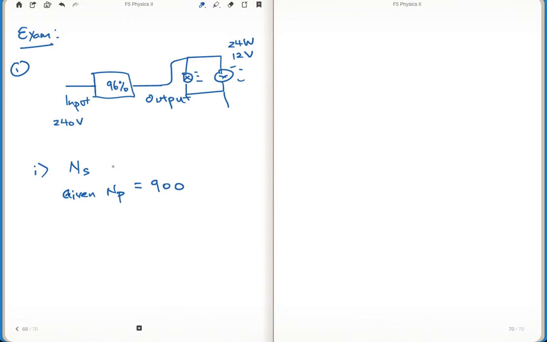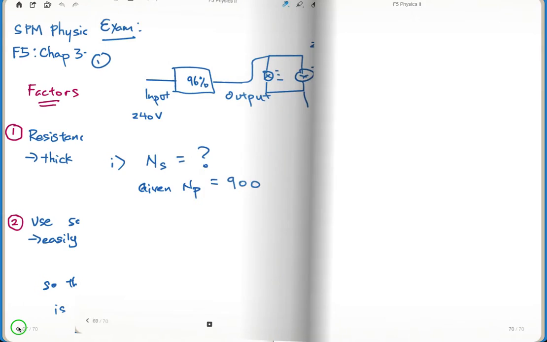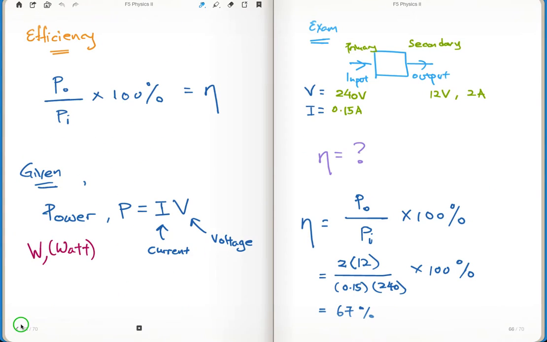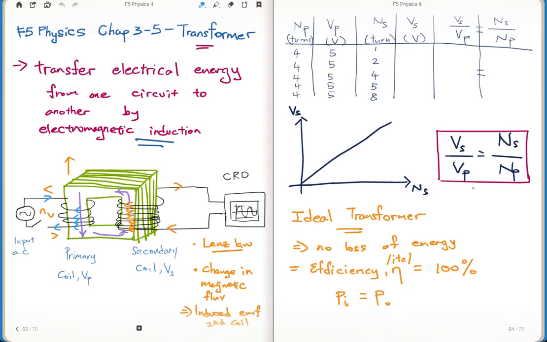So for this, it's quite straightforward, because from what we have gone through in the experimental data, paper 3 normally. Here, how to make use of this? Vs is directly proportional to Ns.